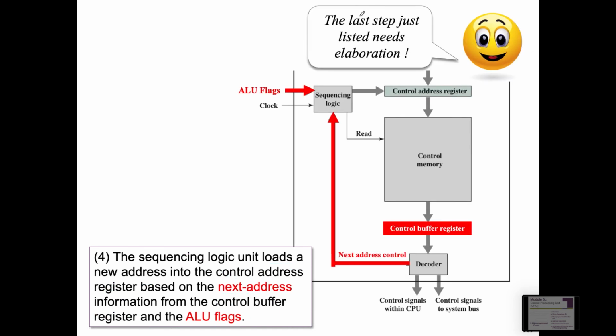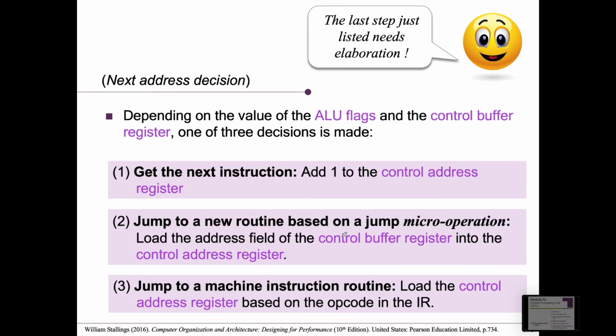The last step just needs elaboration: the sequencing logic unit loads a new address into the control address register based on the next address information from the control buffer register and the ALU flag.